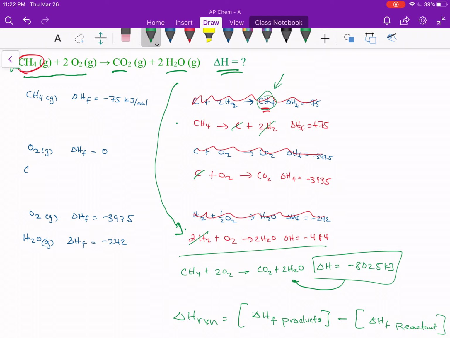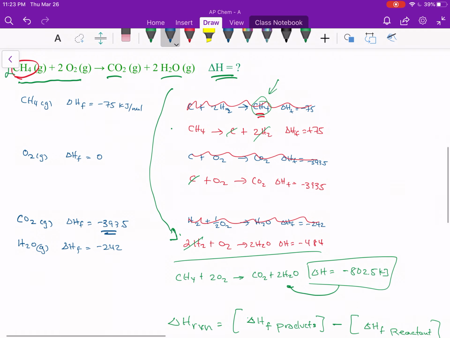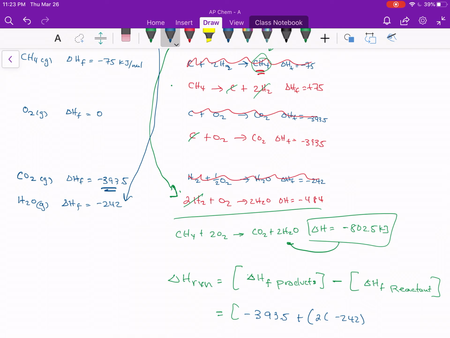Here's the heat of formation, so that's going to be negative 393.5 plus, because I want to add that, 2 times my negative 242. And I say 2 times because there's a 2 there, and so I'm going to have to multiply that heat of formation by 2. And so that's how I get to that right there.